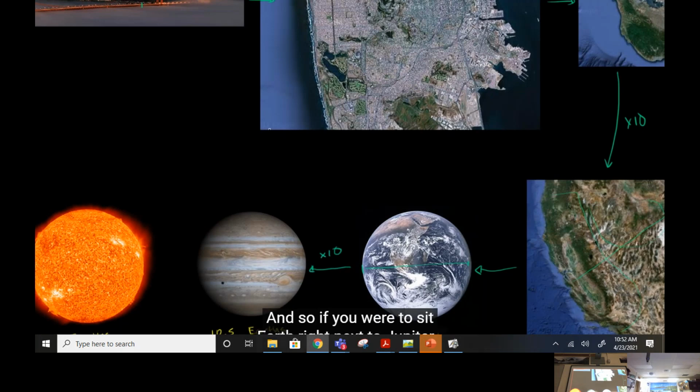And so if you were to sit Earth right next to Jupiter, obviously they're nowhere near that close. That would destroy both of the planets. Actually, it would definitely destroy Earth. It would probably just be merged into Jupiter. So if you put Earth next to Jupiter, it would look something like that, right?